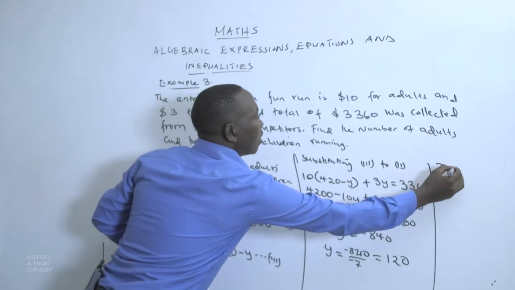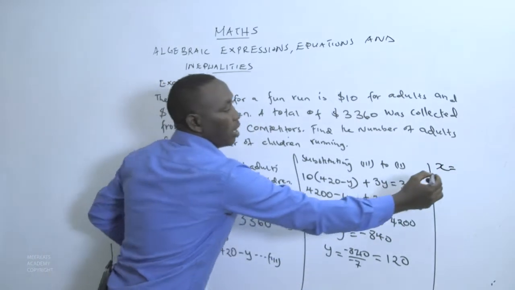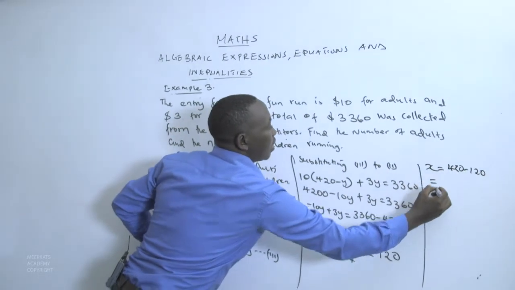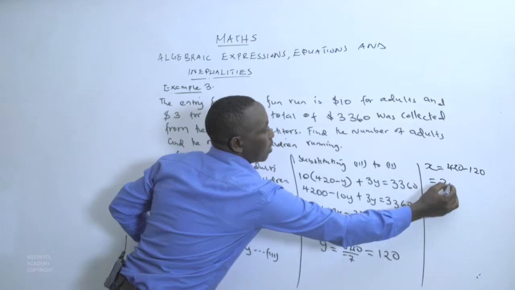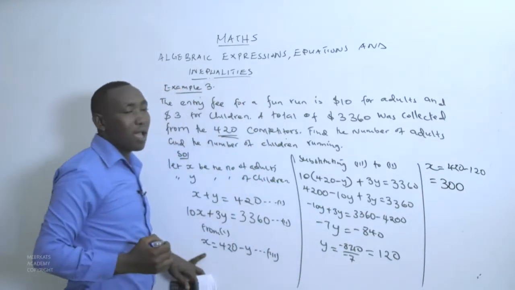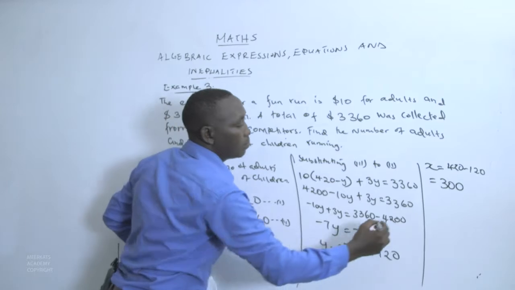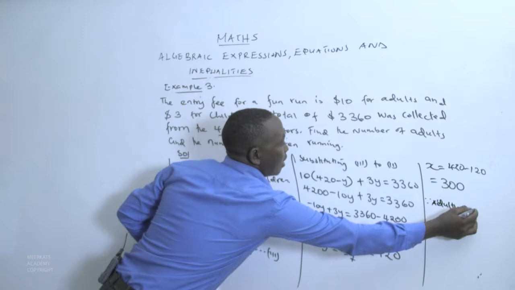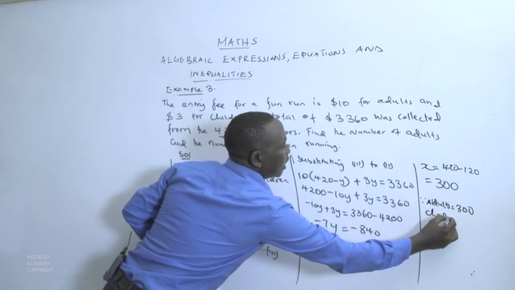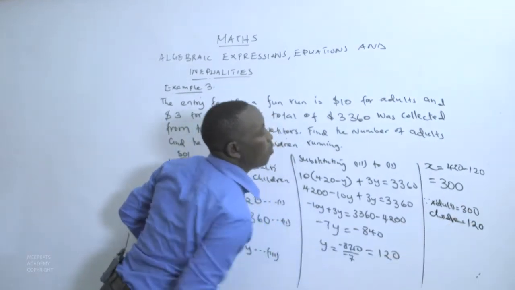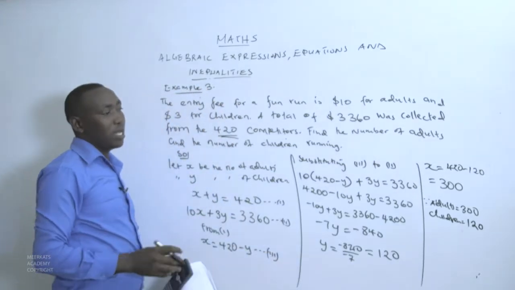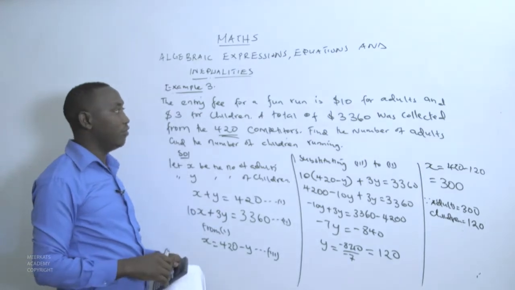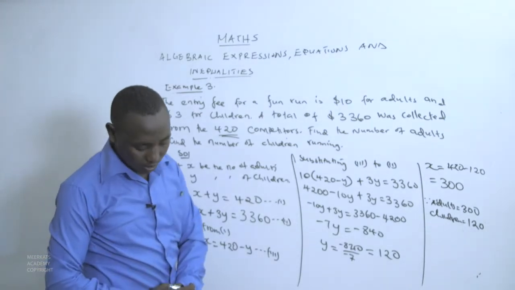Therefore, x using equation 3 will be 420 subtract 120, which will give us 300. Therefore, adults are 300 and children are 120. When you get the sum of those two, you'll discover that it will give you 420.